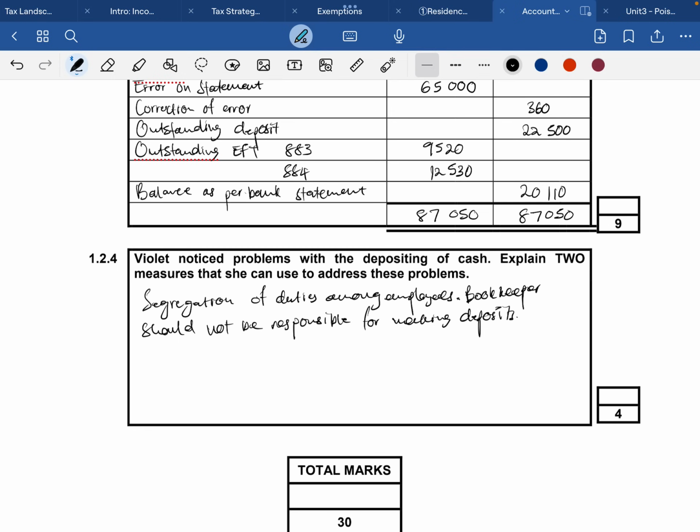Then one other suggestion that I would give is that you could see that in this question we were doing reconciliations. So wouldn't it help for the business to do regular reconciliations?